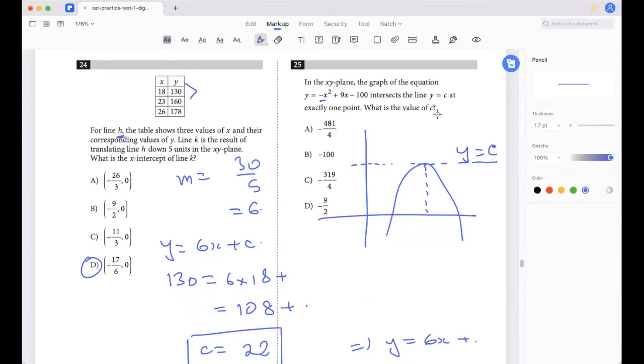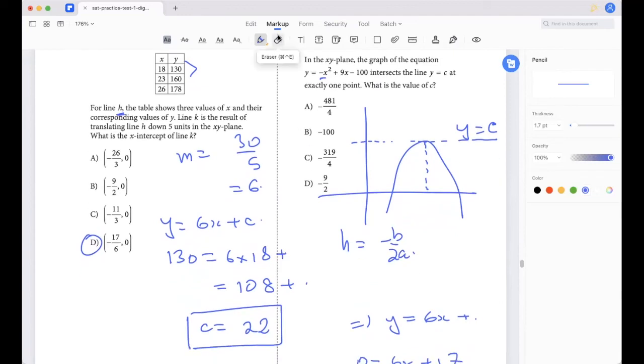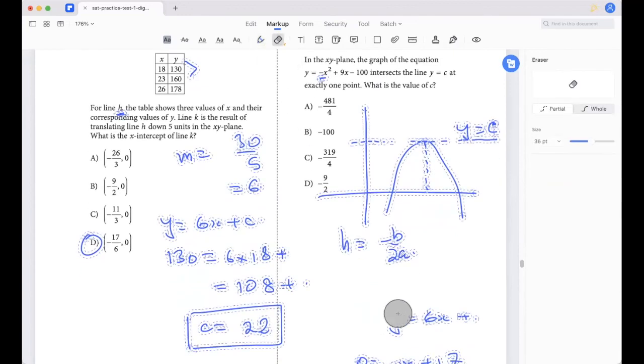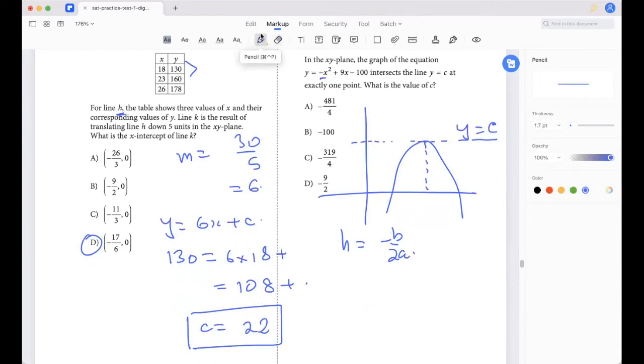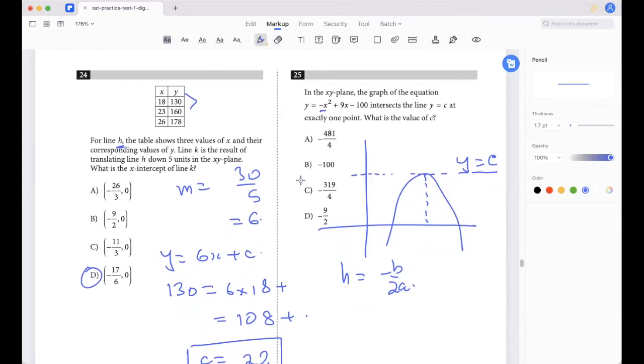So how can we find the y coordinate of the vertex? Let's find the x coordinate first. X coordinate is minus b by 2a for any quadratic function. So that would be negative, b is 9 and a is minus 1. So that's 4 by 5, right?